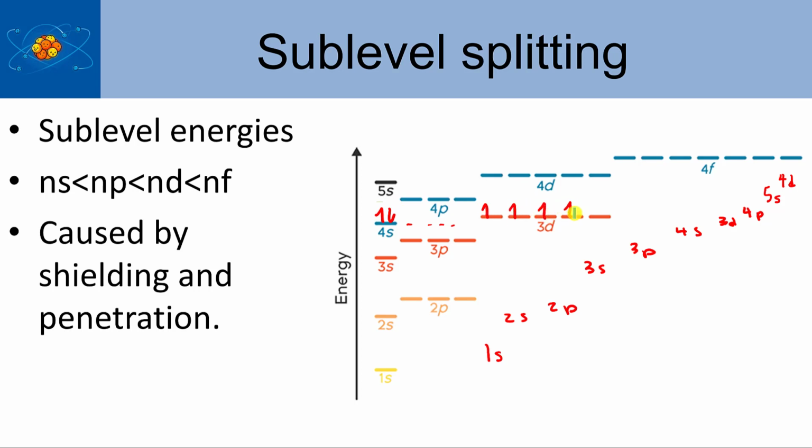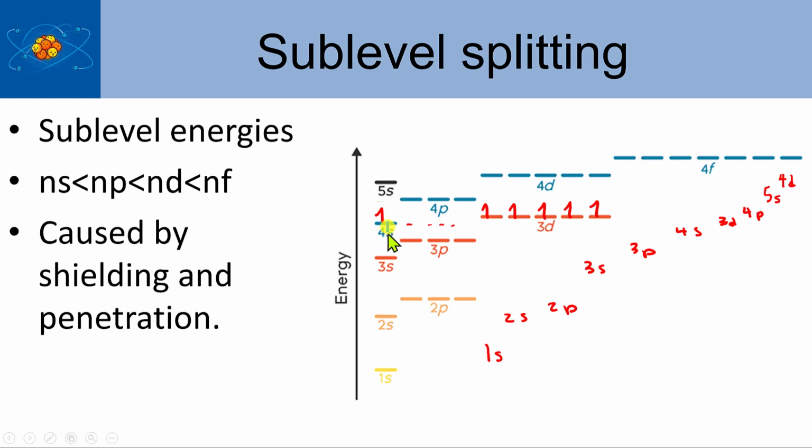And then what happens when I get to chromium is it's doing this. And there's a couple of things that are going on here, but it turns out a half-filled energy level tends to be more stable than one that's not half-filled. And this effect becomes more important as you get more electrons into it.